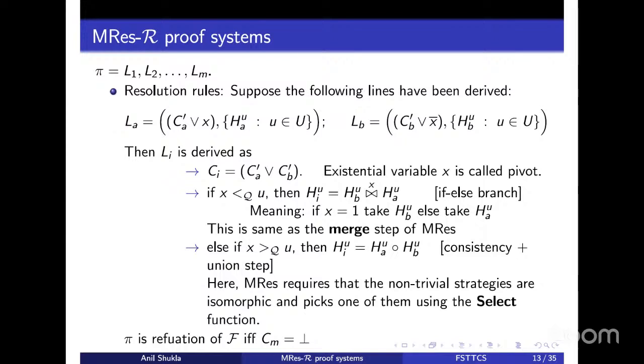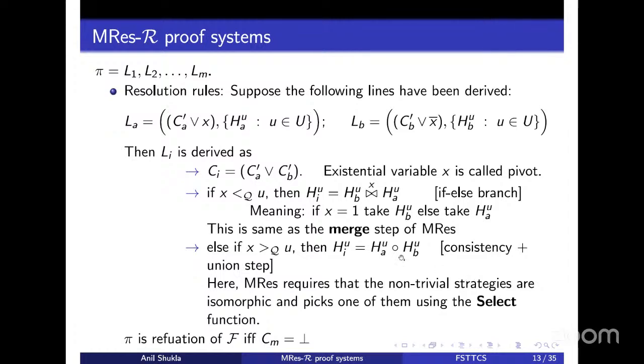Now, if x is on the right of u, that is, when the universal player is playing, the existential value is not known in the two-player game. So he uses the strategy that he has built so far. My strategy for this u, which is to the left of x, is played when x has not been played yet. So I check whether these two strategies for u are consistent.